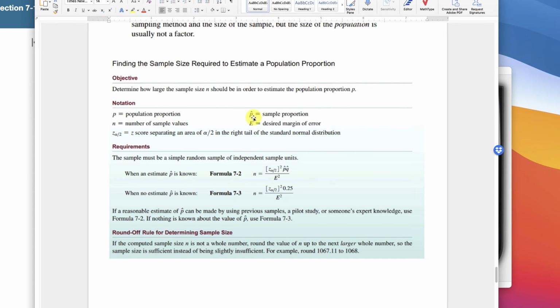We know what they all are. So when the estimate p hat is known, either you figure it out by doing the division like we just did, or they give it to you like 30%, 23%, we use it with p hat and q hat. If they don't give you an estimate, you don't know it, then you use 0.25.